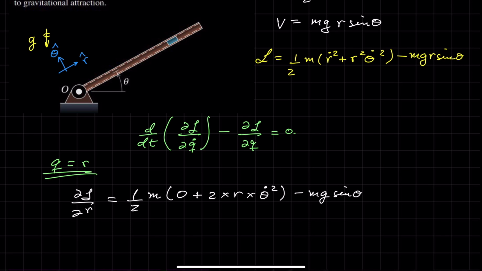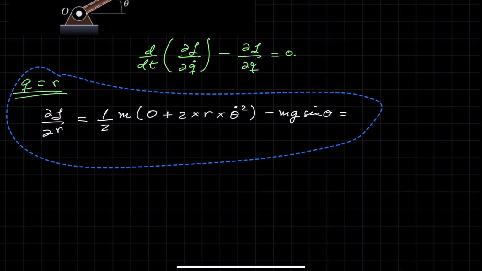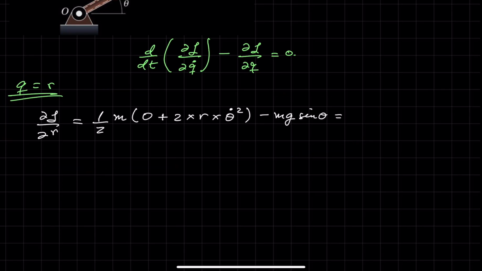Okay, that's eliminated from the derivative. So this is like, let me move this, this is like m r theta dot squared minus m g sine of theta.